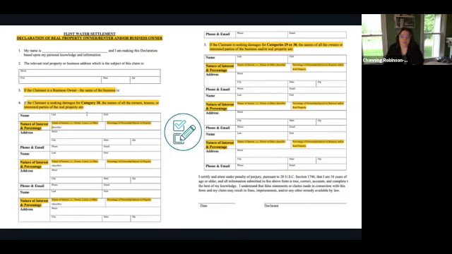So for example, if you own your home and you're the sole homeowner, you're going to put owner in that box, and then percentage of ownership is going to be 100%. Okay. If you lease an apartment, for example, and you are responsible for half of that rent each month, the nature of interest is going to be lessee, and in percentage of ownership, you're going to put 50%.